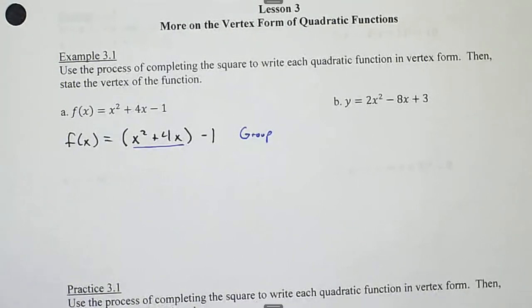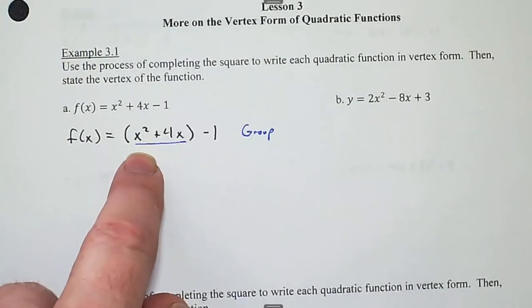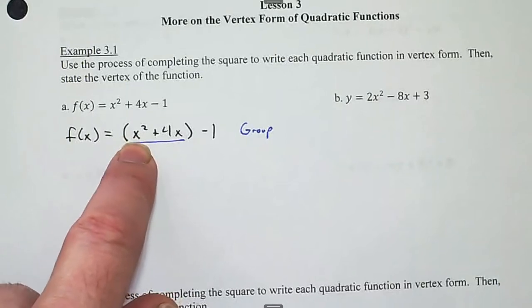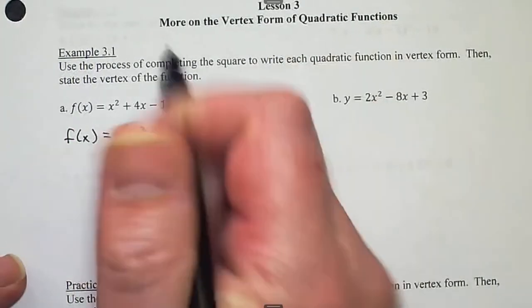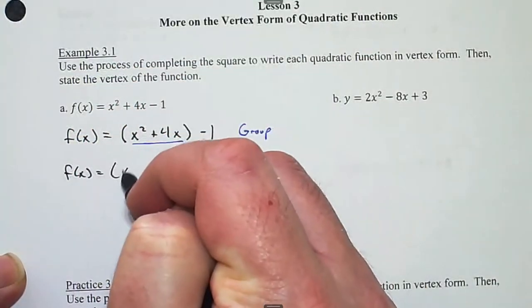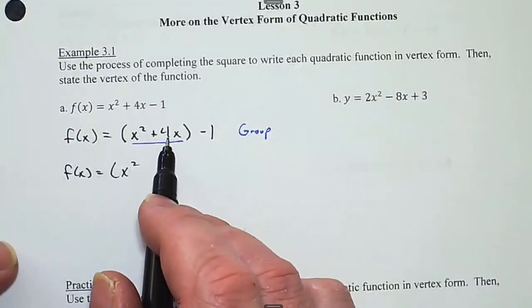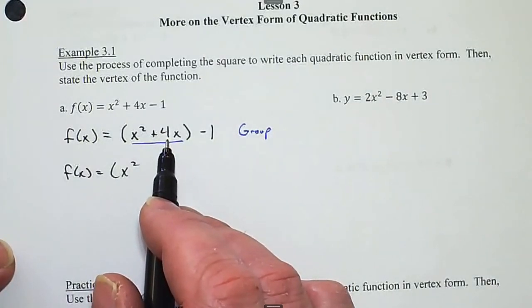And we must have a positive 1 in front of the x squared, just like when we were solving. If we don't, we have to factor it out. So we're going to take half of 4, which is 2, and square it.